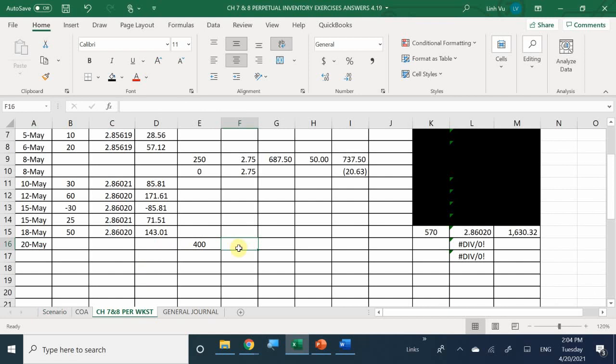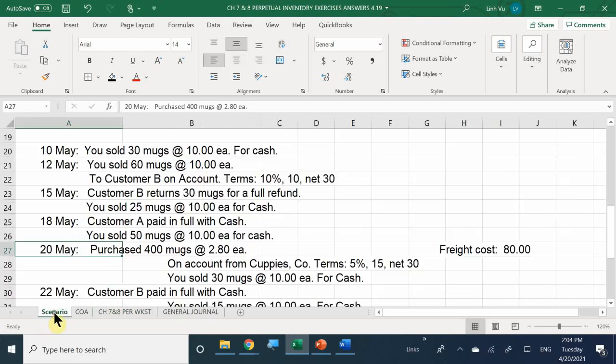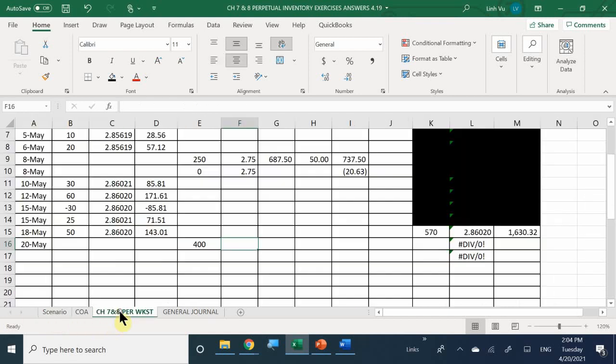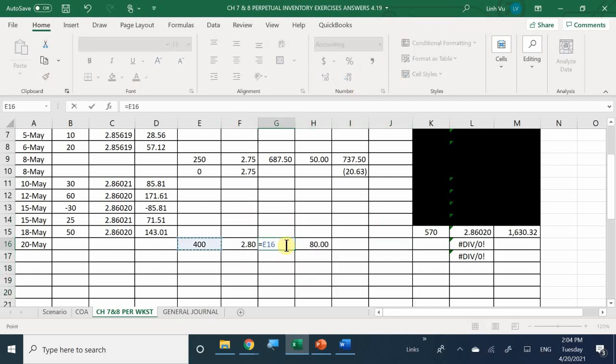Okay, so wait, what was that? 280 at 280. Yeah. So $2.80 with a freight of 80. So now what is my total purchase price here? 1120.